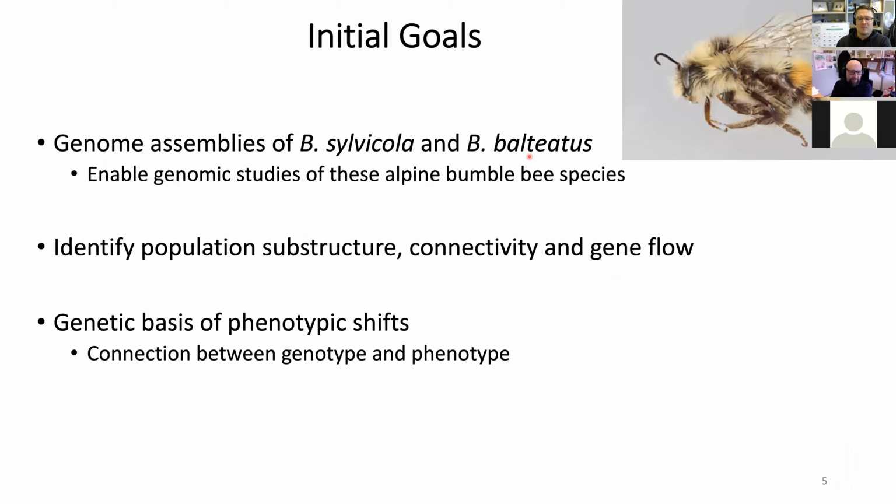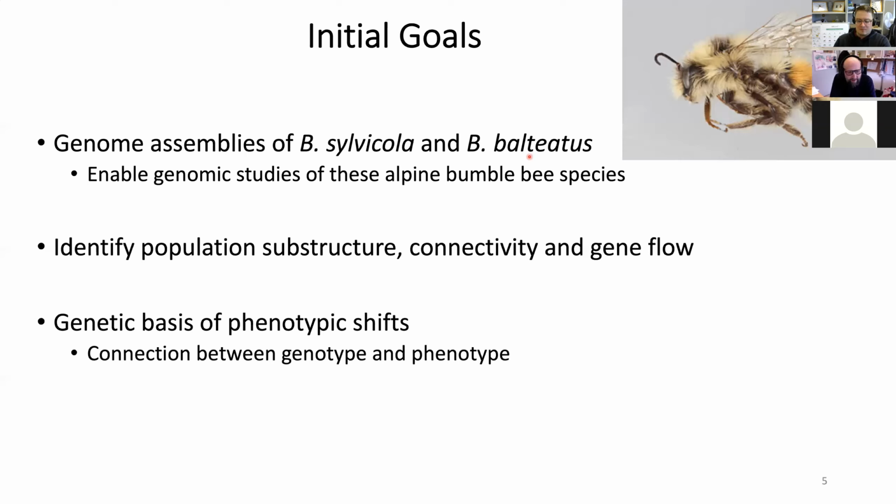So basically what we wanted to do was to generate some high quality genome assemblies of these two species that are found in high altitudes in Colorado. That's Bombus sylvicola and Bombus balteatus, which should facilitate genomic studies of a variety of different processes on these species, such as the genetic basis of adaptation and gene flow and population substructure, and other future studies.